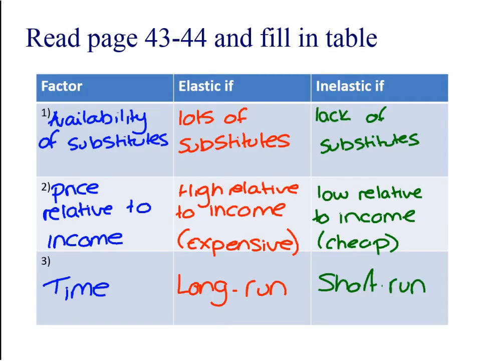Okay, so what's very important also, and these page numbers are from the textbook, is that you know the factors that can influence PED. So first of all, availability of substitutes. So if there are lots of substitutes and your price changes a little bit, people can tend to switch to substitutes if there's an alternative, and especially if there's quite a close substitute.